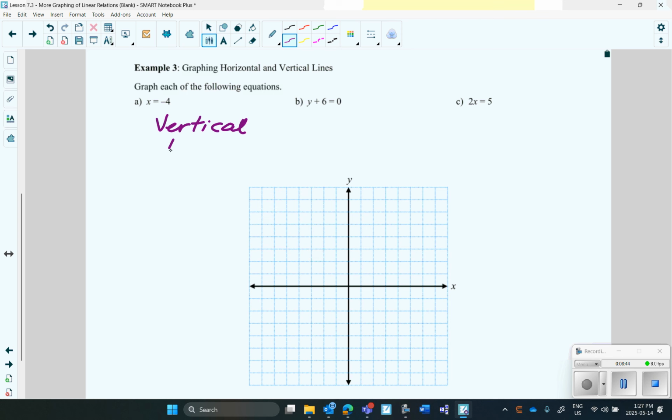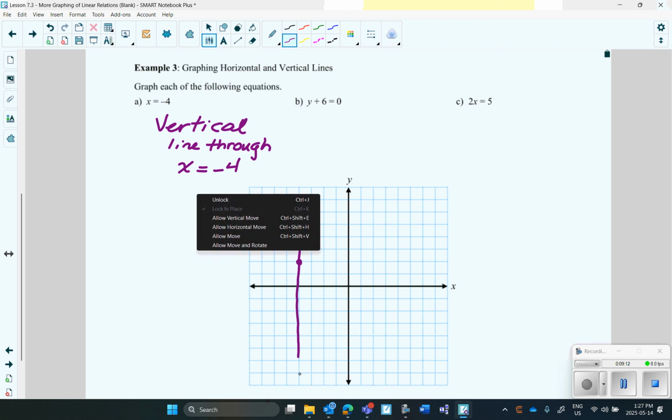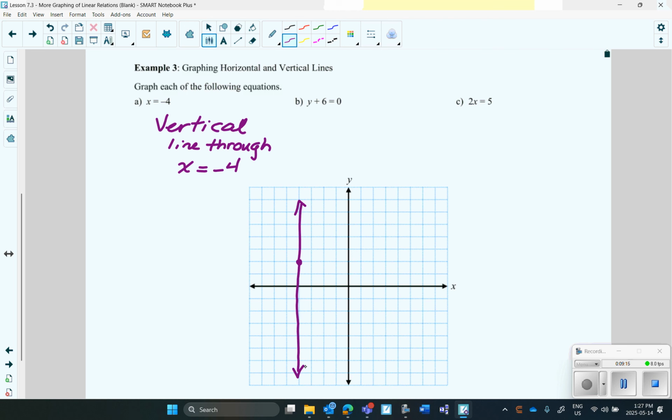So it's a vertical line through x equals -4. So all you have to do is find one point on the grid where x is -4. Give me a point where x is -4. -4, 2, and it's a vertical line, right? So that is the equation x equals -4.